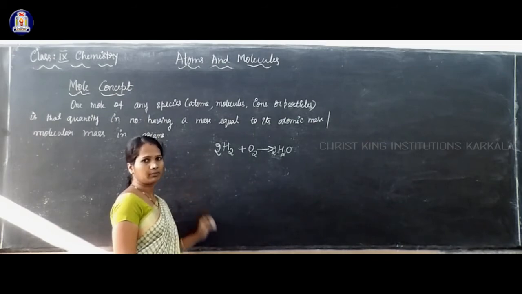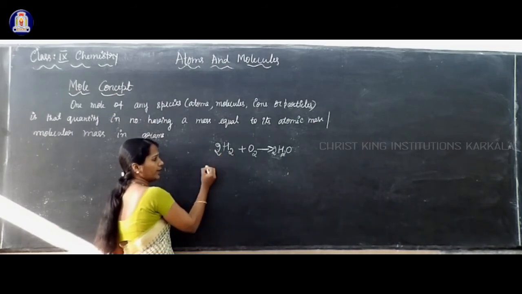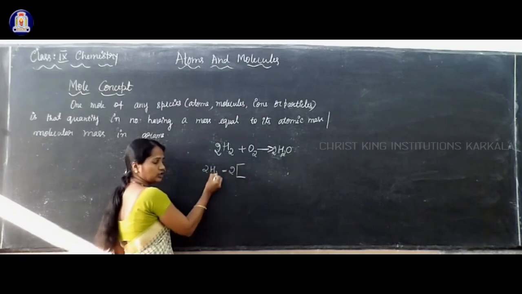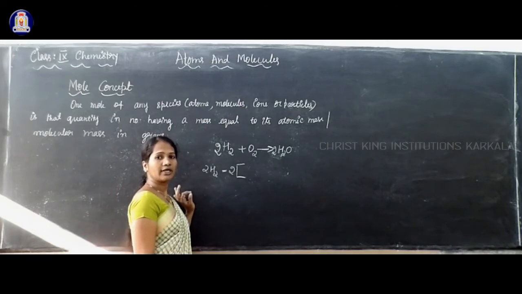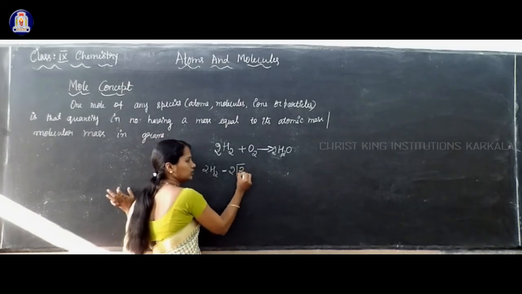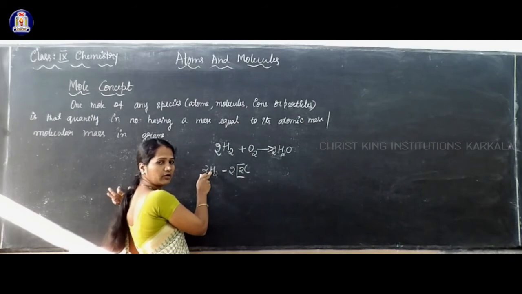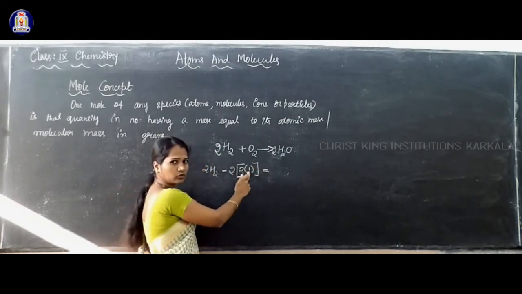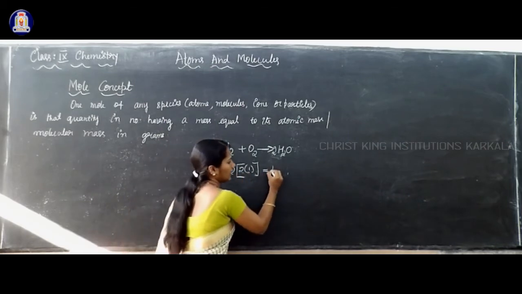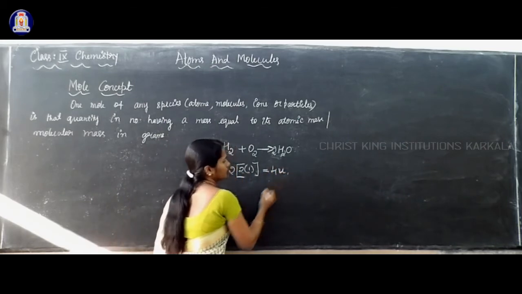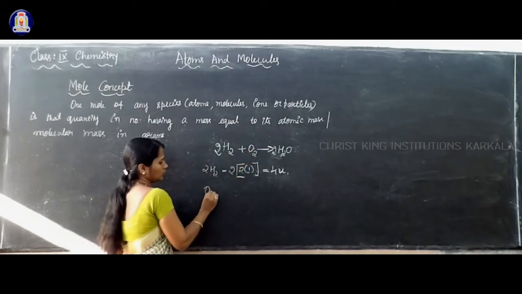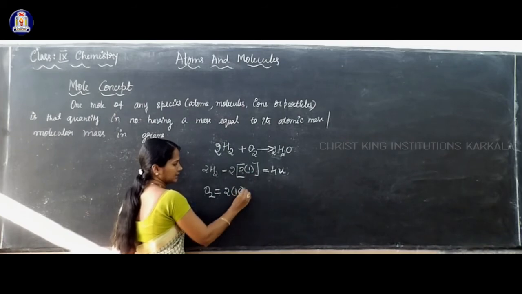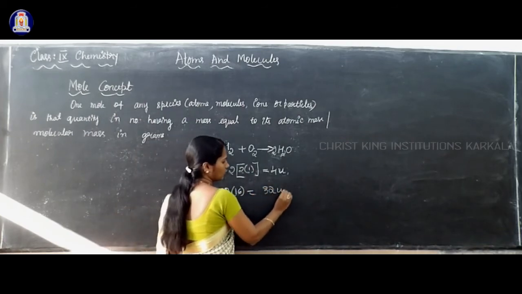Here 2H2, in the sense 2 into H2: molecular mass of hydrogen is 2 into atomic mass of hydrogen, 1, that is 2 into 1, which is equal to 2. 2 twos are 4, 4 atomic mass unit, 4u. Now for oxygen, O2 is 2 into atomic mass of oxygen, 16, that is 32 atomic mass unit.